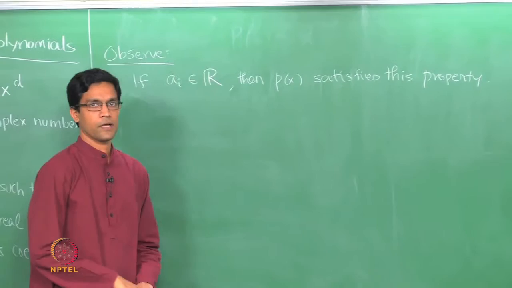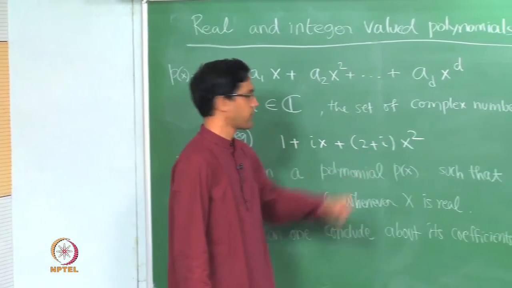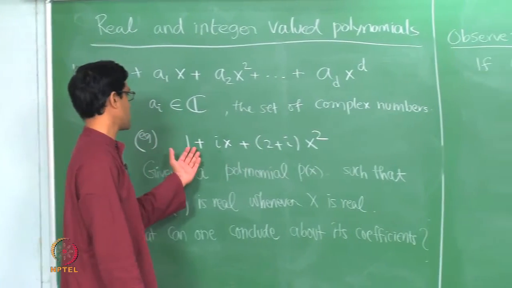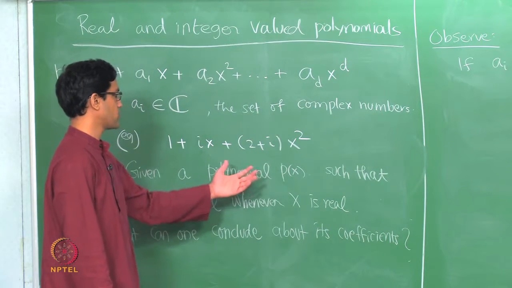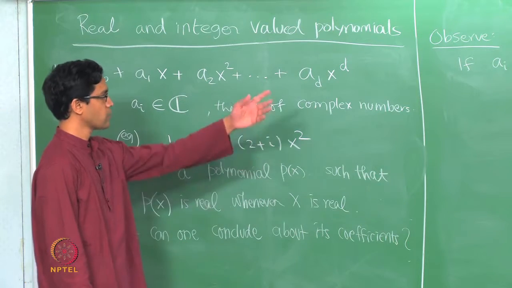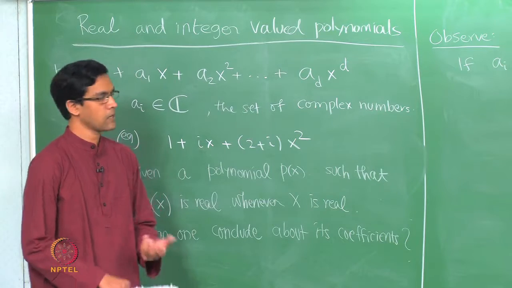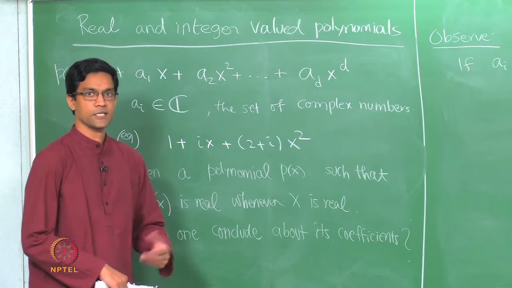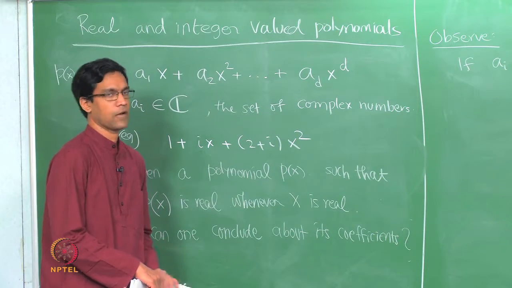If I do not have any of my i's appearing anywhere, if it is just 1 plus x plus 2x squared for instance, then if I plugged in x to be a real number, of course I would get a real answer. So here is one way of constructing such polynomials. You can take all the coefficients to be real numbers, but is this necessary? Is this the only way of obtaining a real valued polynomial?